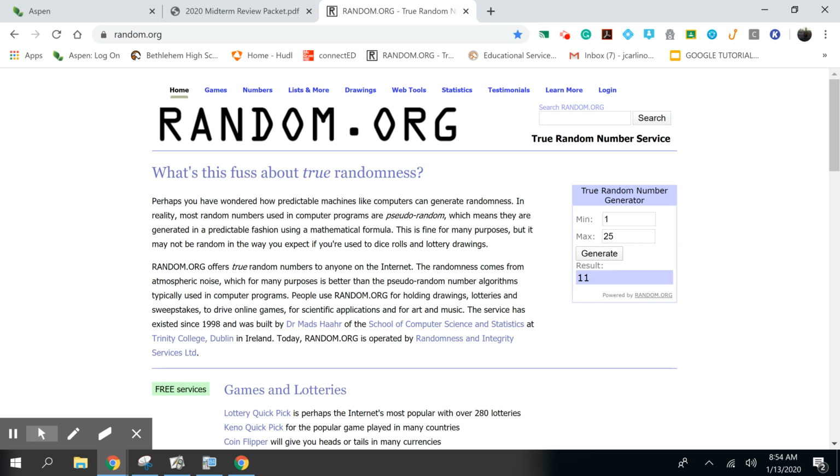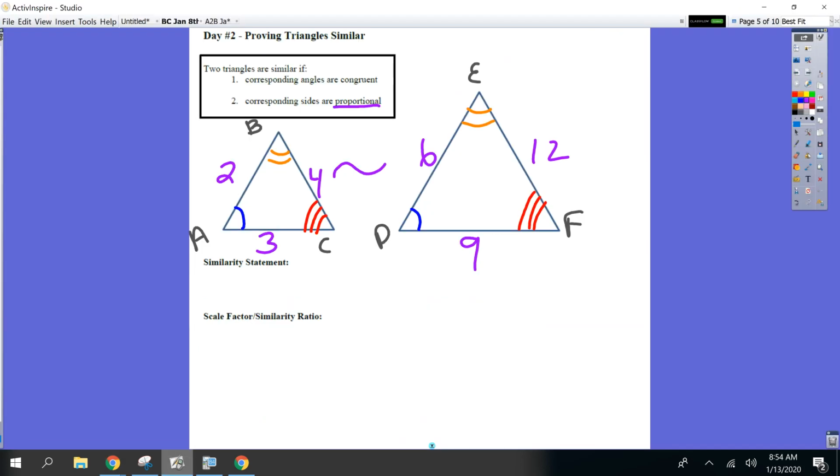What's the 2 match up with in the other triangle? 2 over 6 is the same as, what's the 3 match up with? 9. And what's the 4 match up with? Does everyone see they're all in the same ratio? That's what you know about similar triangles and their sides. They're in the same ratio.